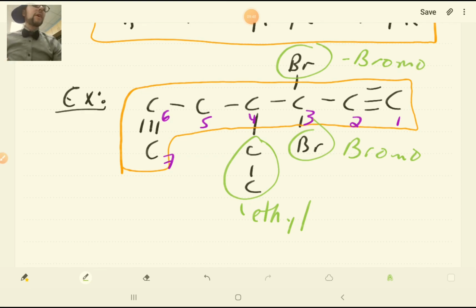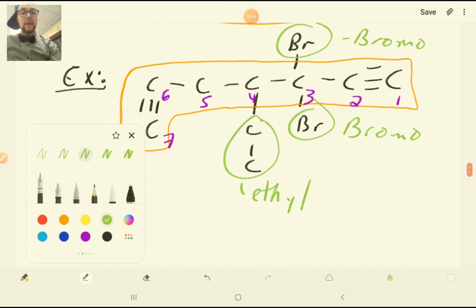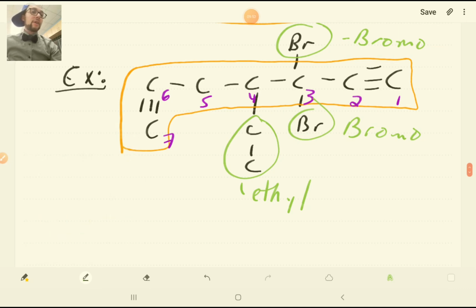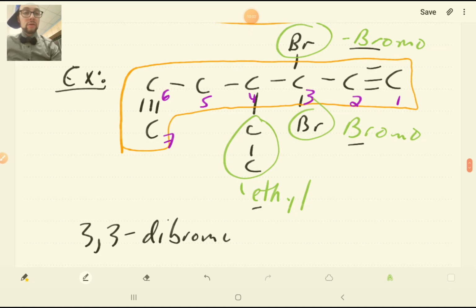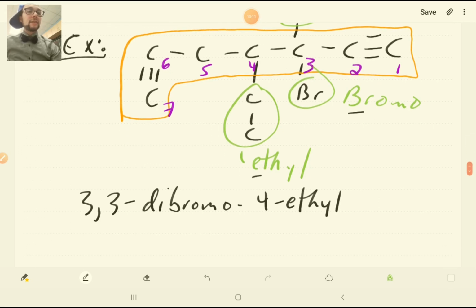And putting it all together, we're going to name the branches first, and we're going to name them in alphabetical order. The bromos come before the ethyl, so it'll be 3,3-dibromo, dash 4-ethyl, and then it's up to 7, and the first triple bond occurs from 1 to 2, and the second triple bond occurs from 6 to 7.